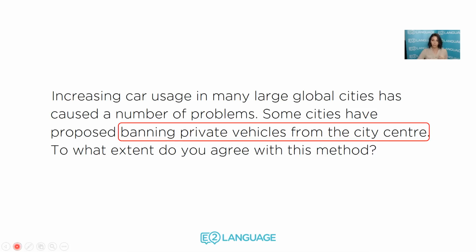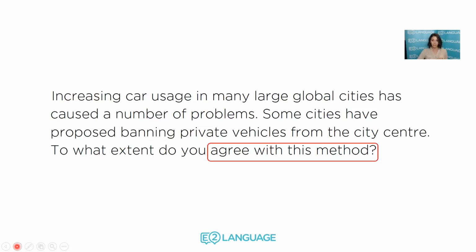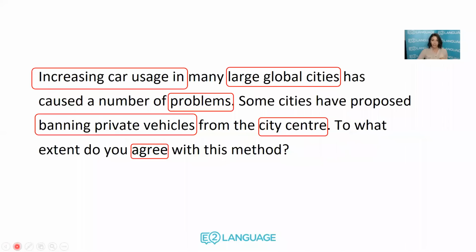Banning private vehicles from the city centre. Agree with this method. So if we want to just look at the keywords: increasing car usage, global cities, problems, banning private vehicles, city centre, agree. So we can get the main idea here by just looking at the keywords.